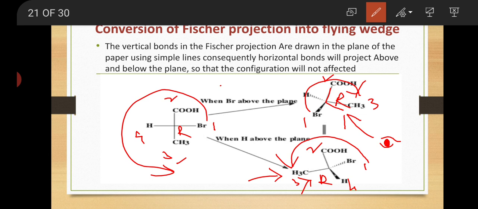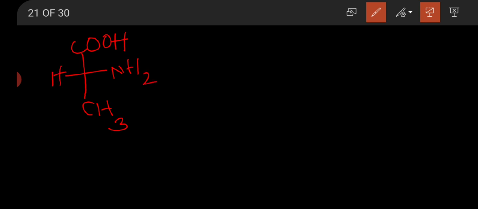Let's take another example. If we take alanine, for example, the alanine molecule, with COOH, CH3, NH2, H. This is the alanine molecule with configuration according to Cahn-Ingold-Prelog rules.